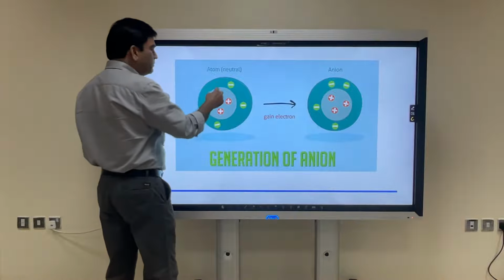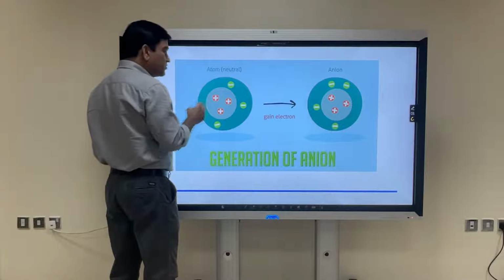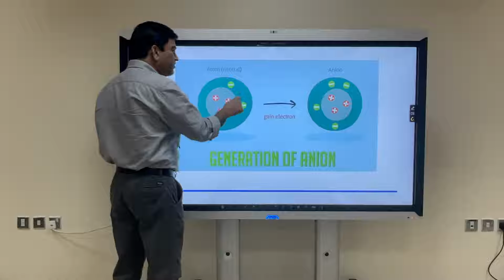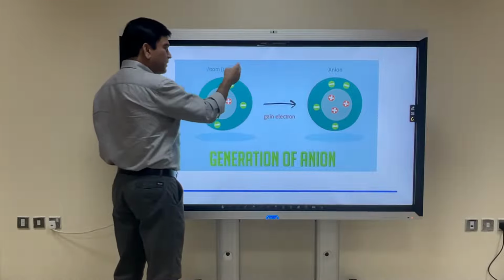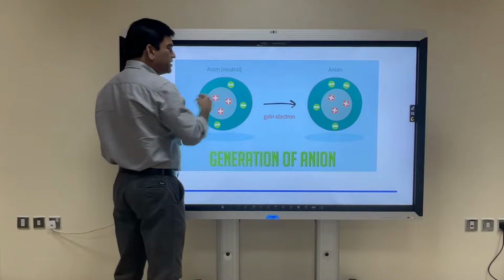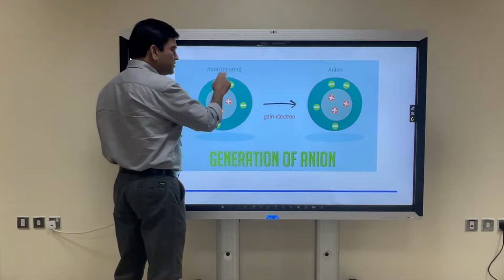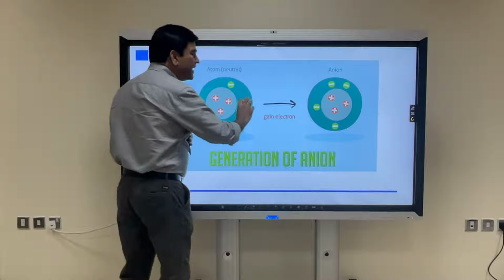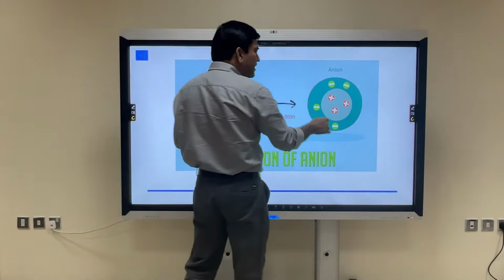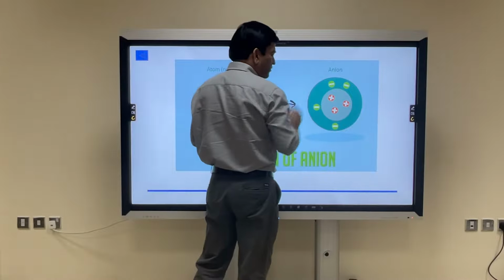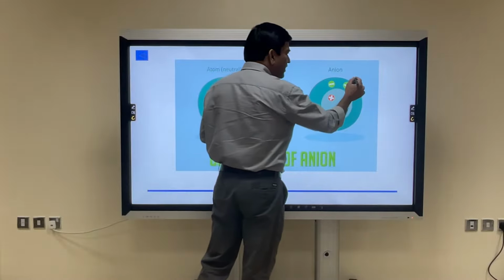So there are 3 protons and 3 electrons. This is a neutral atom because +3 -3 is 0. Now it gains an electron, so 1, 2, 3, 4, and there is a development of an anion.